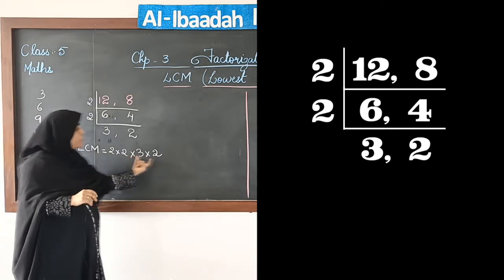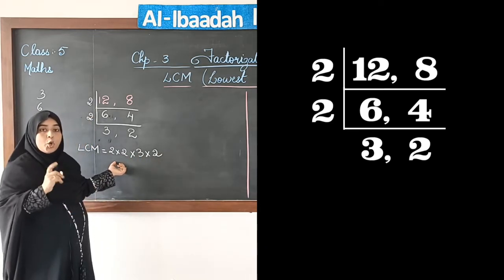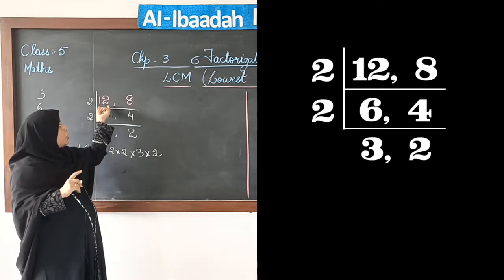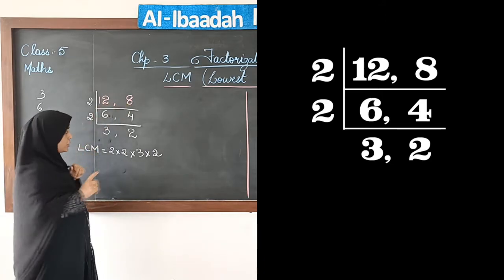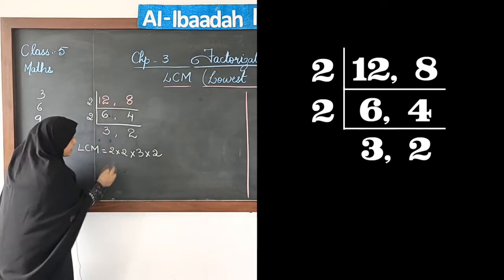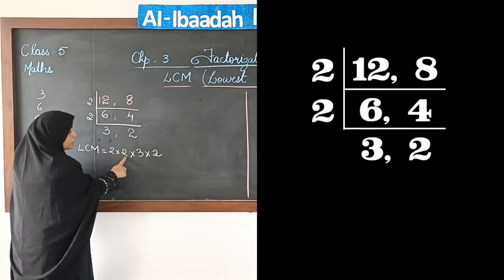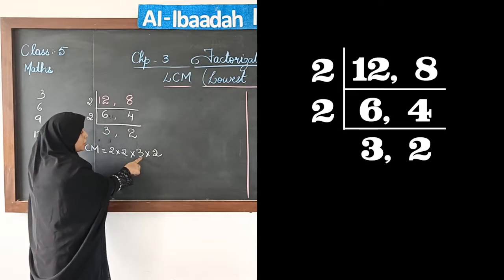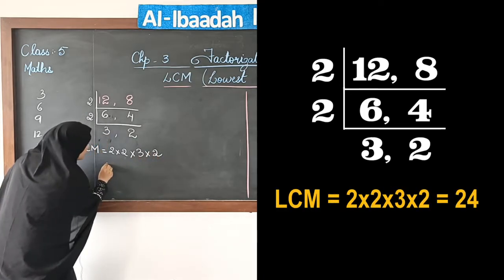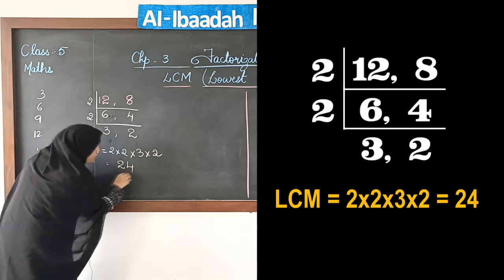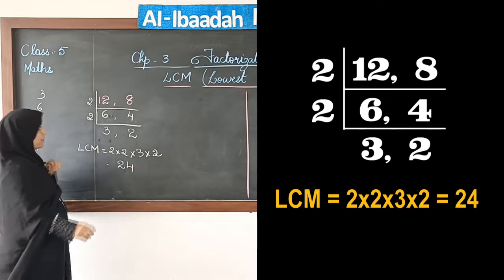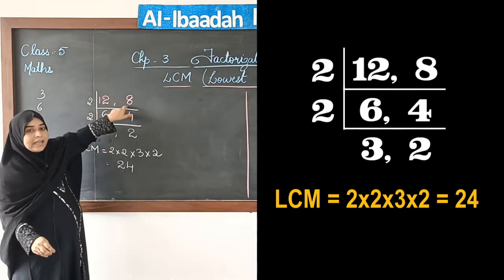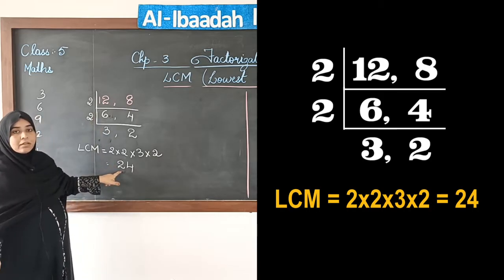The answer that we get will be our lowest common multiple for 12 and 8. So let us see: 2 into 2 is 4, 4 into 3 is 12, 12 into 2 is 24. So the LCM of 12 and 8 is 24.